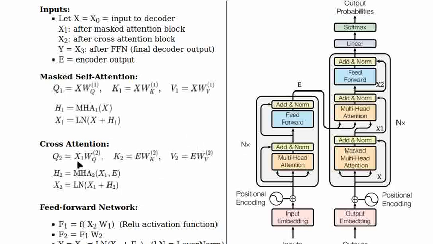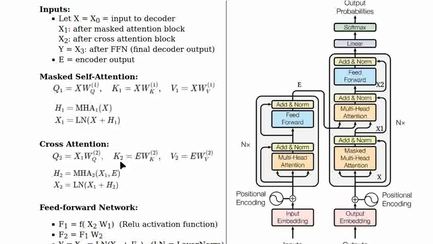And the second block, the cross attention block. We get Q2, K2, V2 from WQ, WK, and WV, but we have different inputs. Q2 is from X1 here.